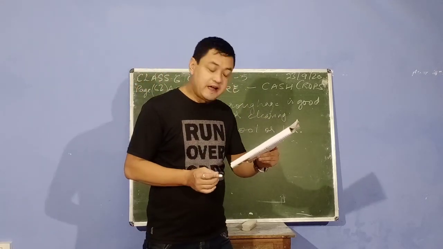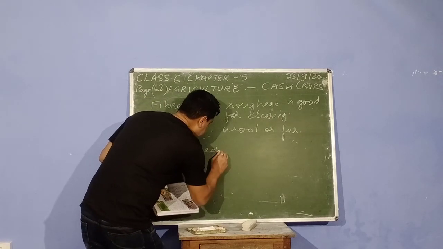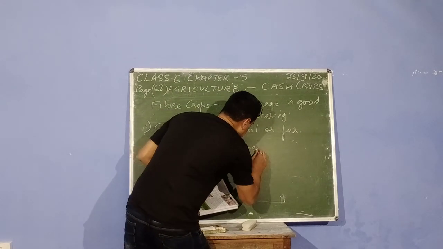For example, edible vegetable oil. Now, what is edible? E-D-I-B-L-E, edible vegetable oil.